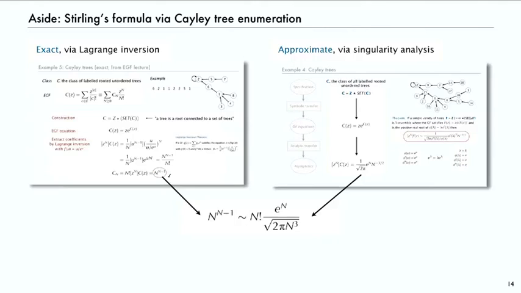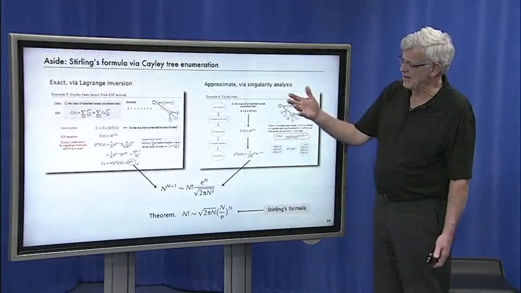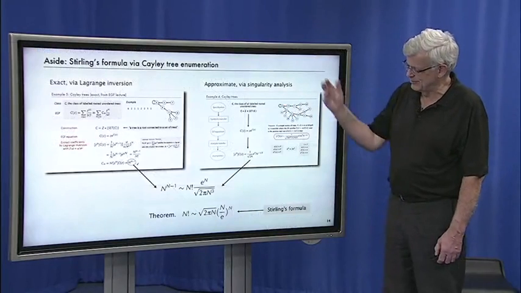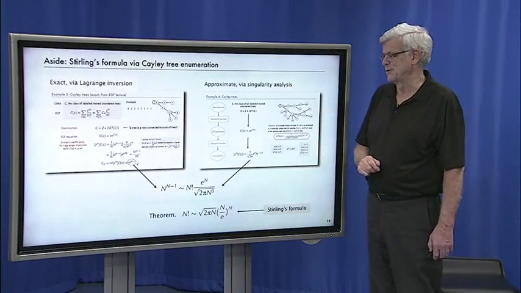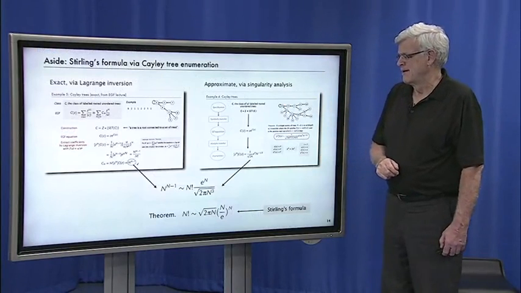The approximate one says we get n factorial e to the n over square root of 2 pi n cubed. Those derivations are a proof that that holds, and that's just Stirling's formula. Counting Cayley trees in two different ways gives us Stirling's formula. That's one way to look at it.